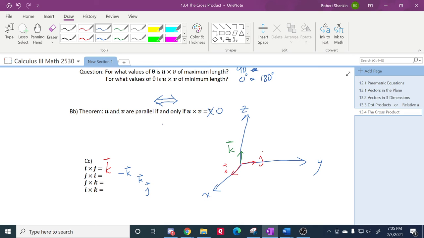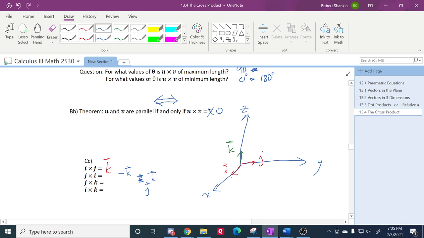And then I curl up towards K, and then my hand points in the x-axis. So J cross K is I, positive I, right there.